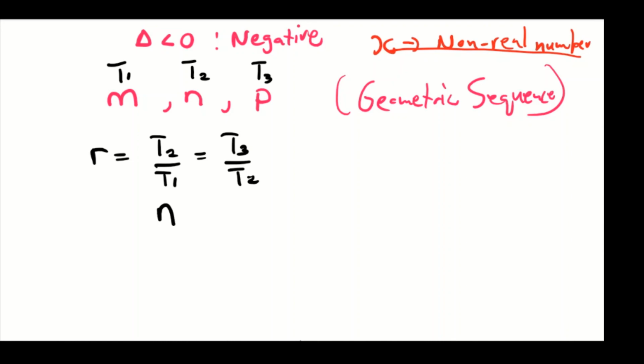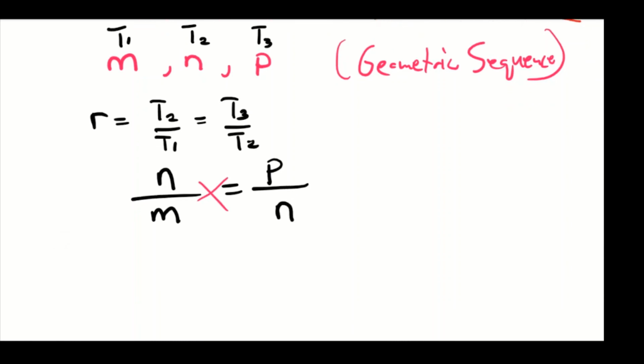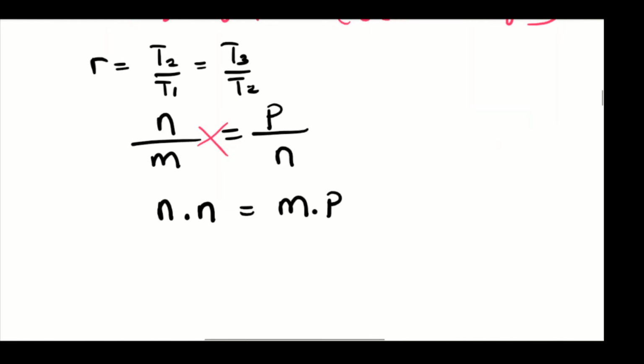It's n divided by our t1, which is m, equal to our t3, which is p, divided by t2, which is n, right? So you're just going to cross multiply, and we will have n multiplied by n equal to m multiplied by p, right? So we will have n squared equal to mp.